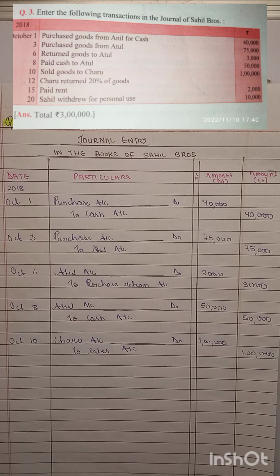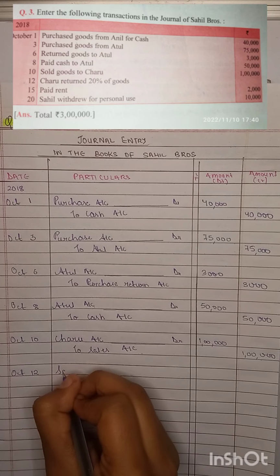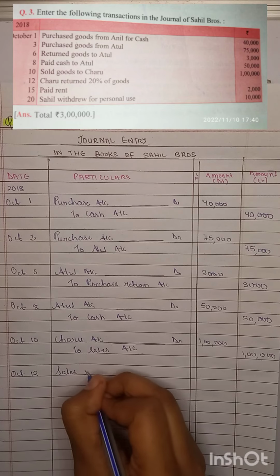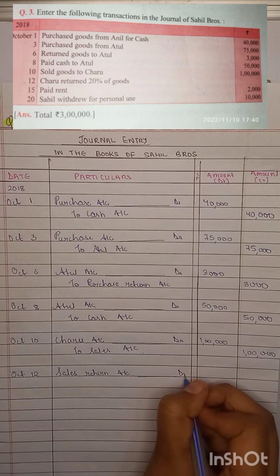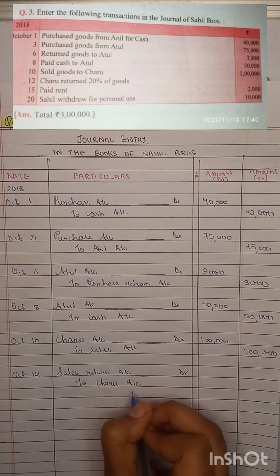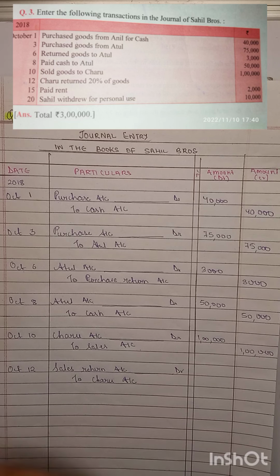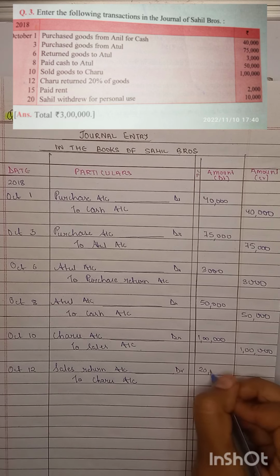Whenever we sell goods to someone and they return it, we debit one account which is known as sales return account. Our entry will be sales return account debit to Charu account. It says that Charu returned 20% of the goods. So we will calculate 20% of 1 lakh. It will come 20,000 rupees.